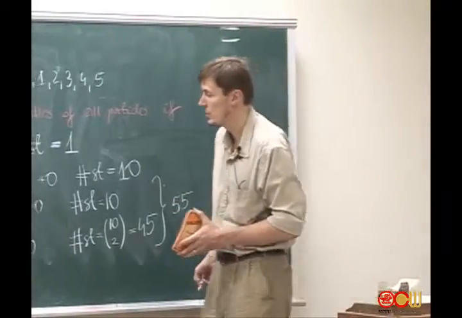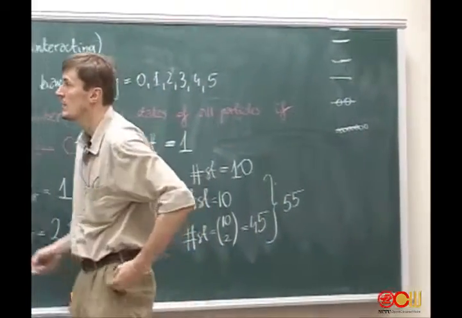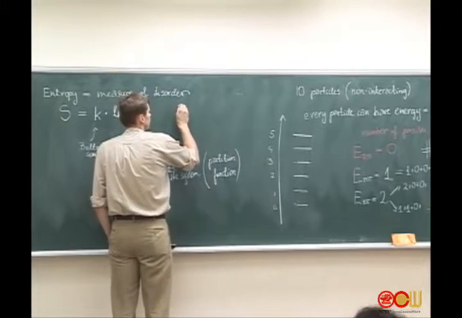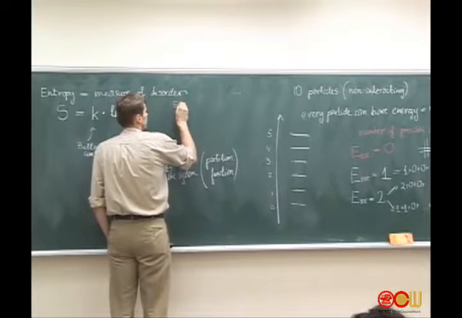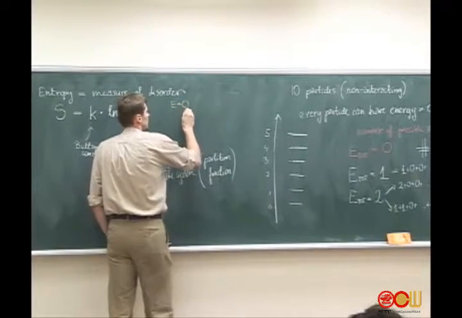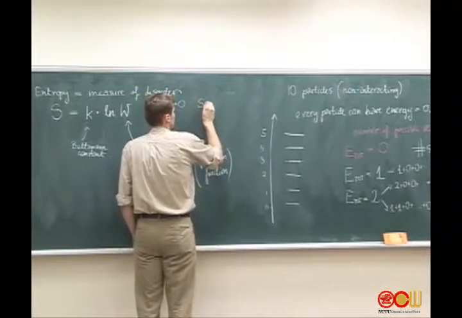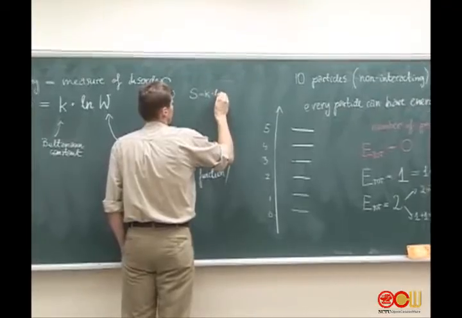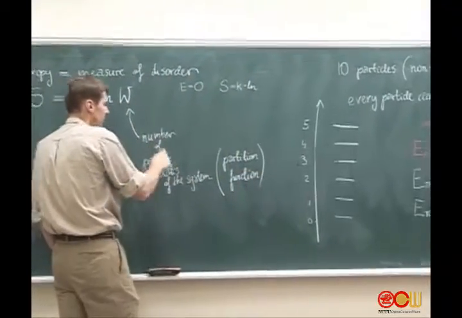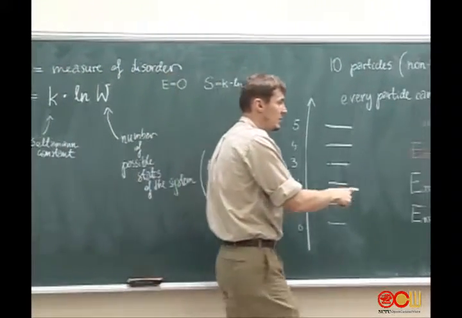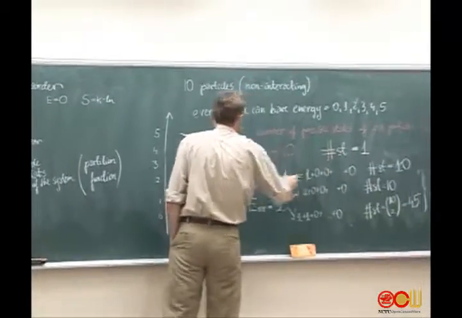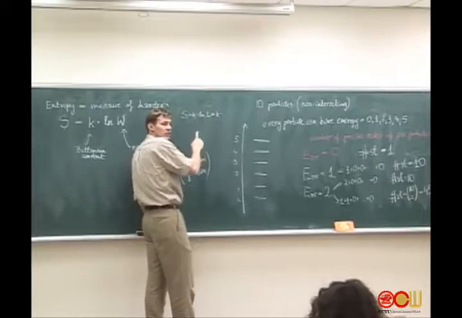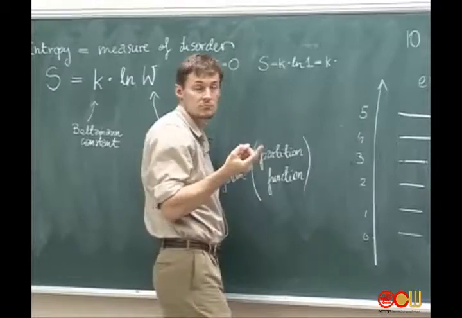Now, what is the good part of this? Now we can use this and calculate the entropy. If the energy is equal to 0, the entropy is the Boltzmann constant times the logarithm of W, the number of possible states. And we just calculated that the number of possible states here is 1. Then you have k multiplied by the natural logarithm of 1, which is 0.